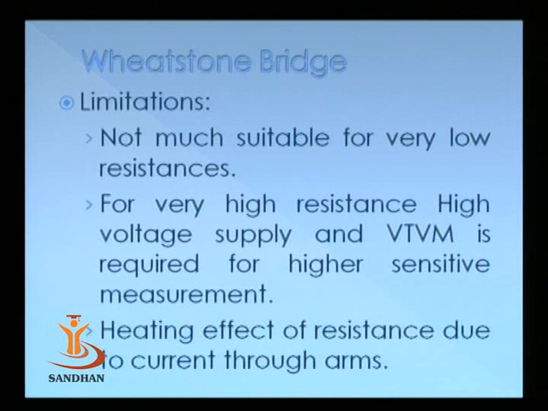And the third one is the heating effect of resistance due to current through the arms. Whenever we pass current through the resistors, they get heated, and that can change the inherent resistance. So the predefined values of resistance do not remain the same, and in turn it can affect the measurement accuracy.